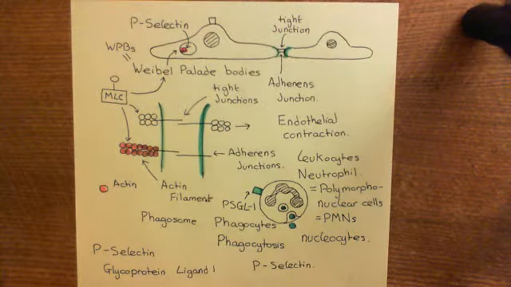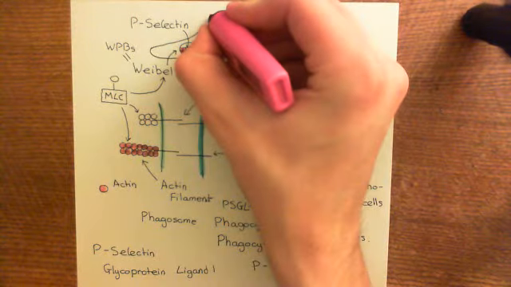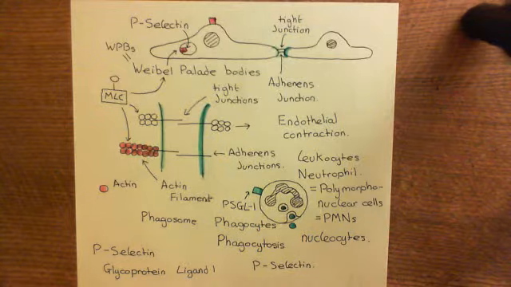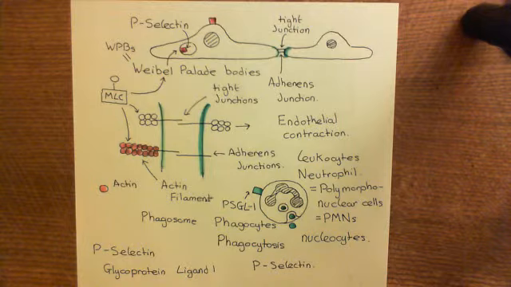Okay, so let me go through this again and summarize this process. In the inactive endothelial cell, you have P-selectin sequestered not on the apical membrane, but instead in these Weibel-Palade bodies, these WPBs, which are vesicles within the cytoplasm of the endothelial cell.